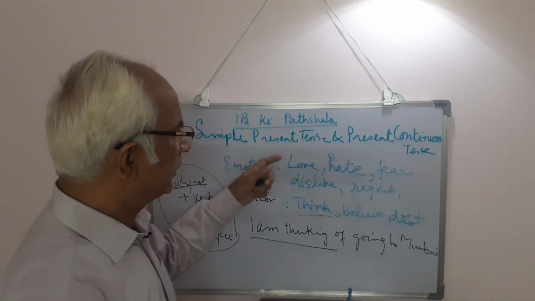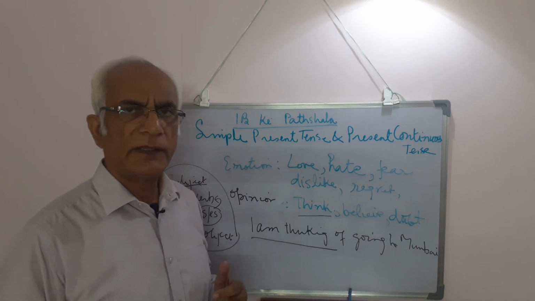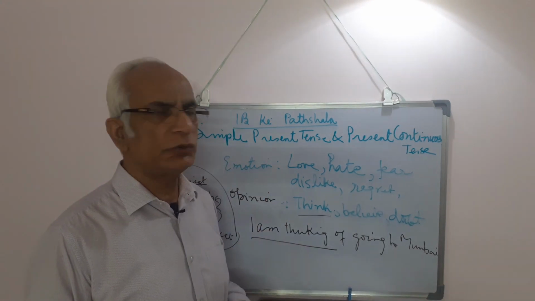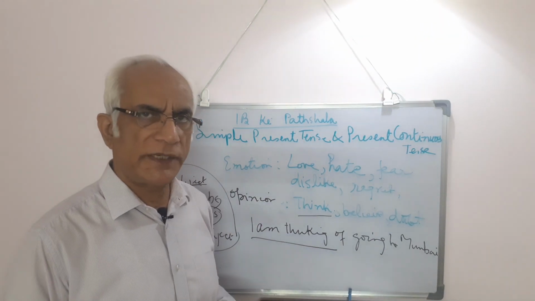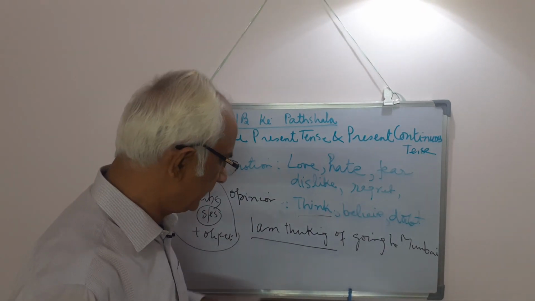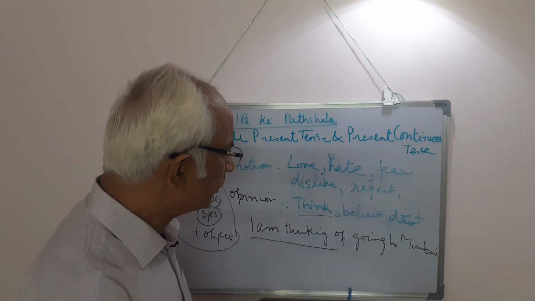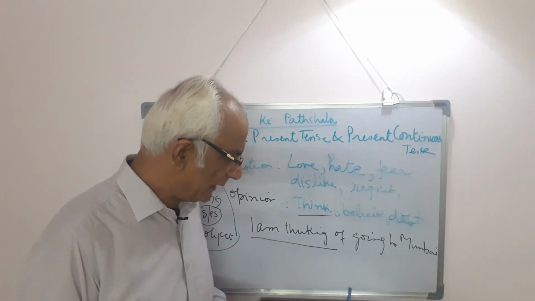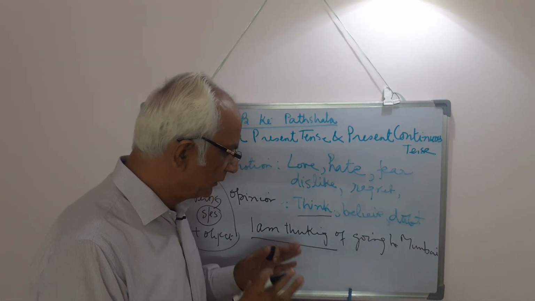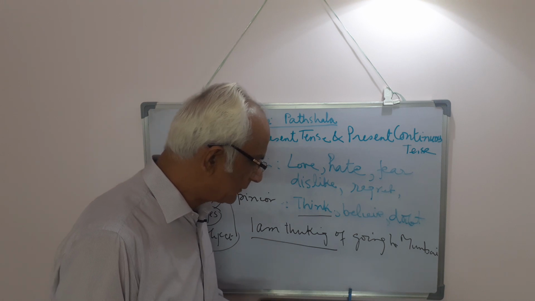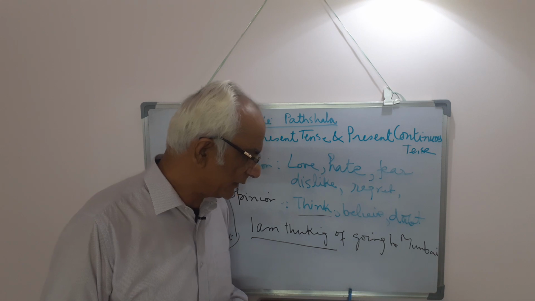So most of these words are used in the simple present tense, and some of them of course are used in the present continuous tense also. This you will have to learn by experience after a lot of reading. So we'll conclude this video here, and in the next video I'll take up the last part of it, the exclamatory sentences.